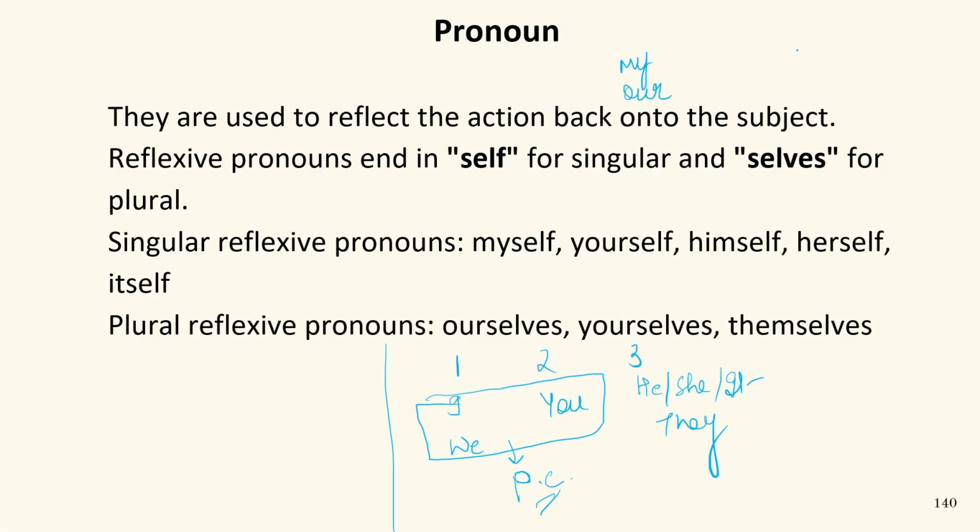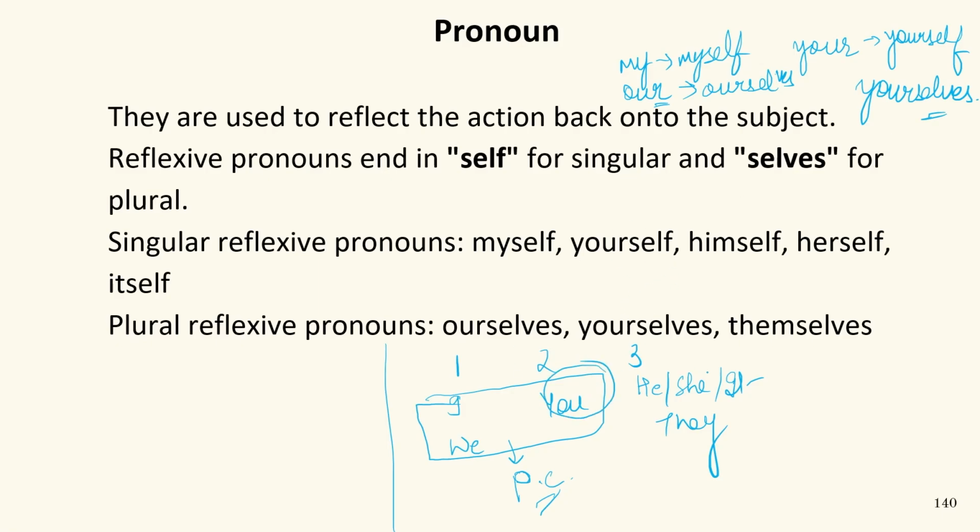The possessive case of you is your. Now, if we convert these into reflexive case, we will write myself. Our is actually plural, so we'll write ourselves and not ourself. Then you is written as yourself as well as yourselves, because it can be written in both singular and plural form.